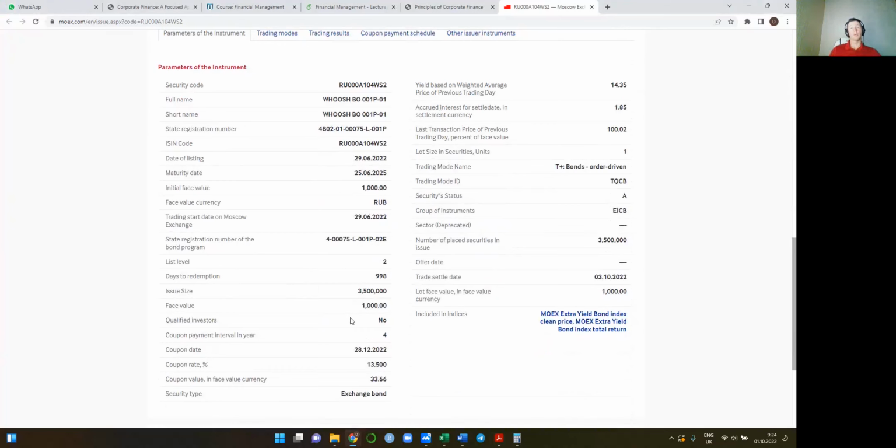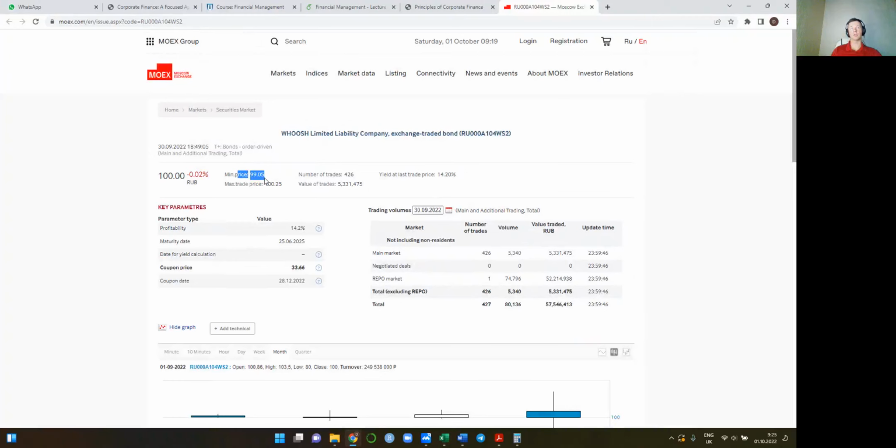For the slides, you can see now days to redemption has changed. Now it's 998. 1 day has passed since yesterday. And what might be also interesting, yesterday the minimum price of this bond was 99.05 and the maximum price was 125 in percent.